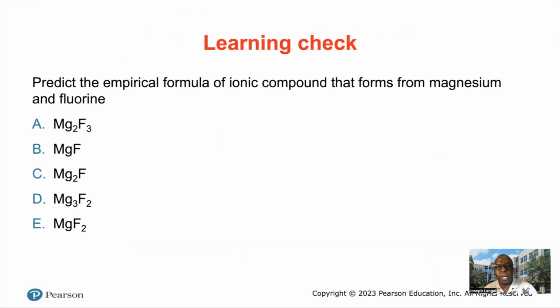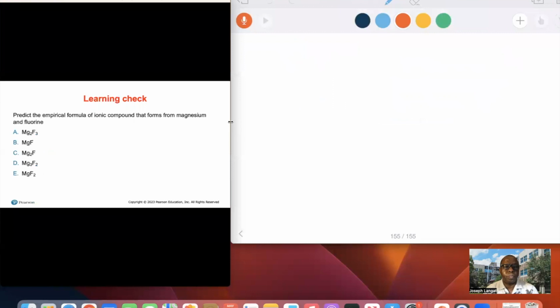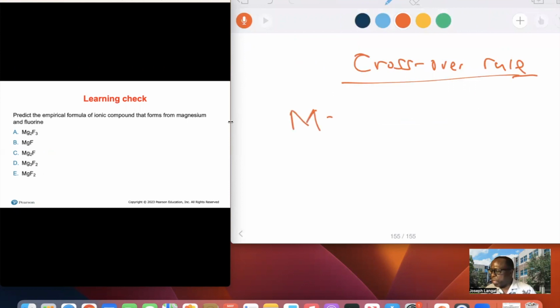Learning check: predict the empirical formula for the compound formed from magnesium and fluorine. Instead of predicting, you have to use the formula. What is the formula? The crossover rule. Magnesium is in group 2, with a charge of positive 2.